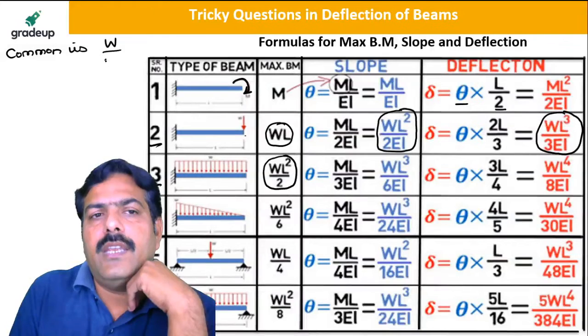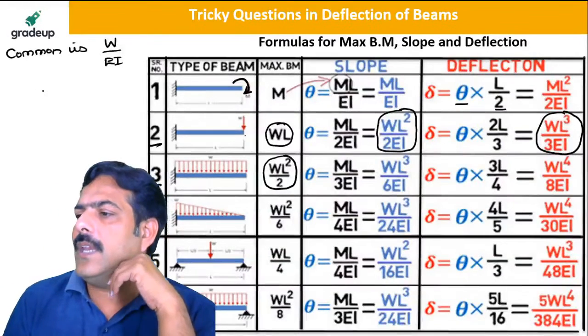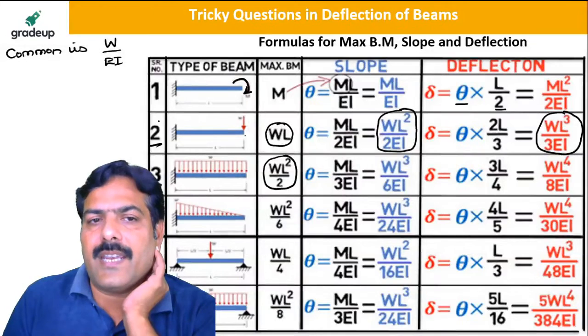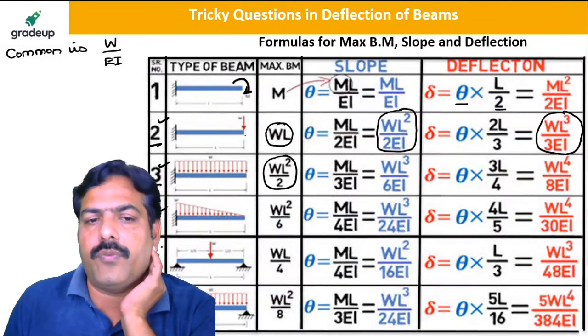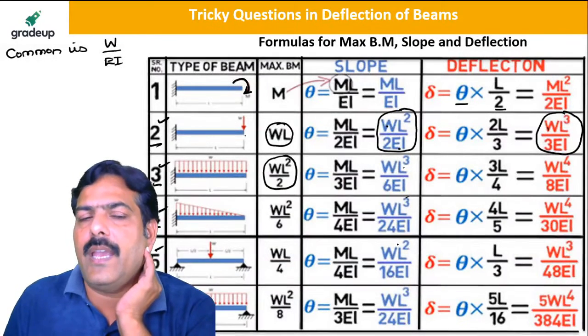Load upon EI is common. No need to remember this. So W upon EI is common to all of you. In the second case, third case, fourth case, fifth case, sixth case, W by EI is common everywhere.